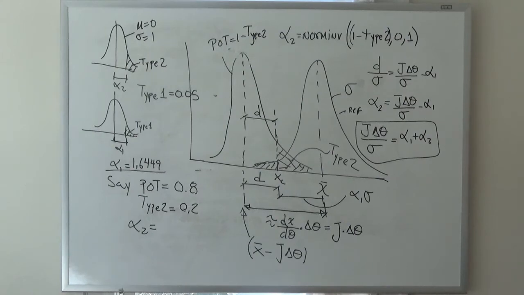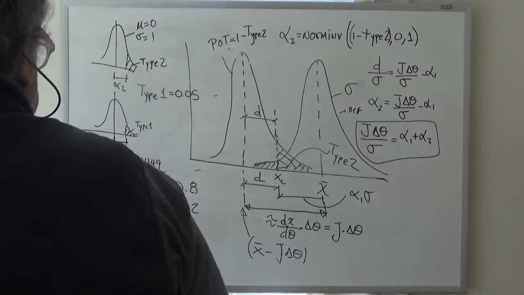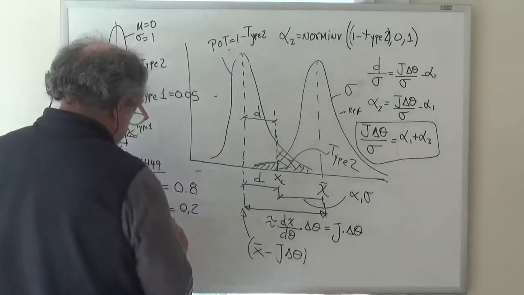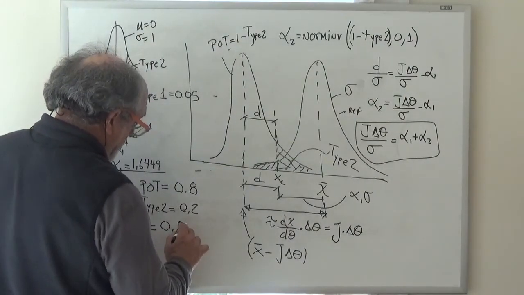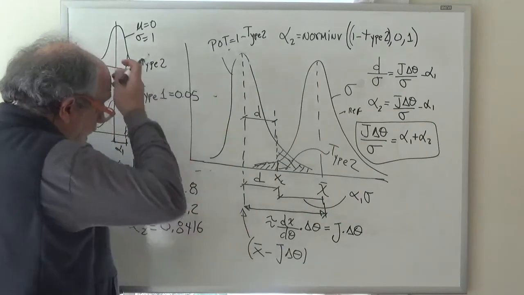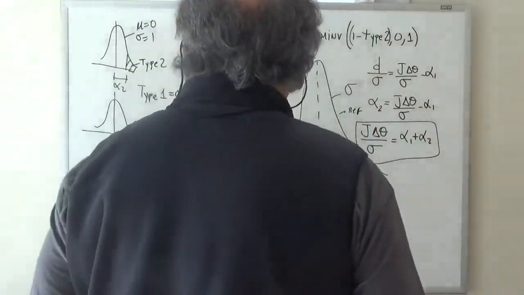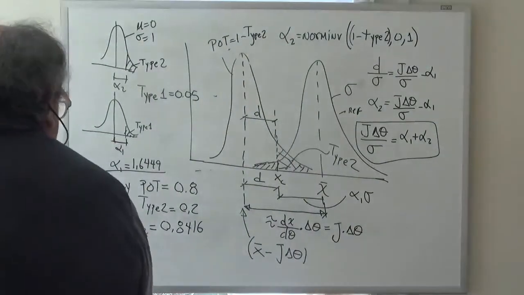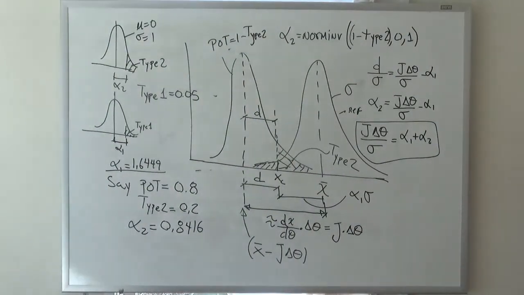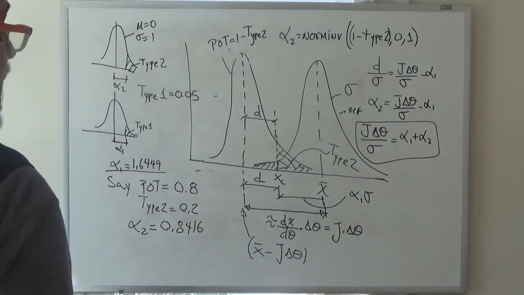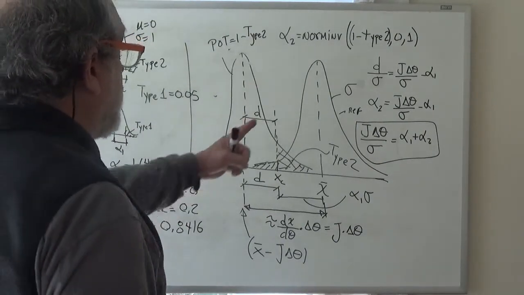And I would find that alpha 2 is 0.8416. Okay. So I just went to MATLAB and I typed this, and I got alpha 2 to be 0.8416. Okay? So now we can go and substitute over here.